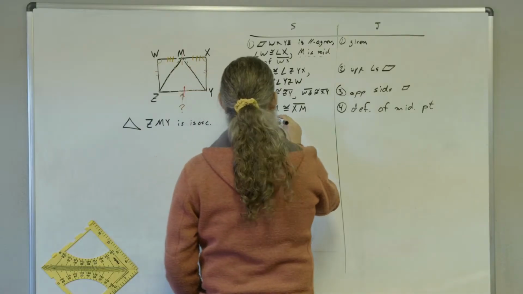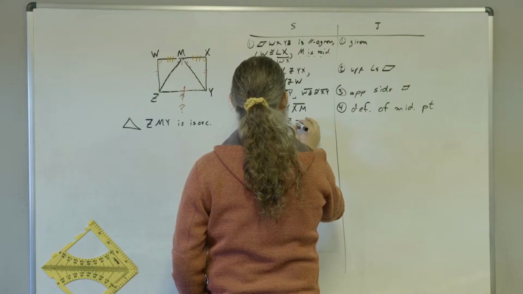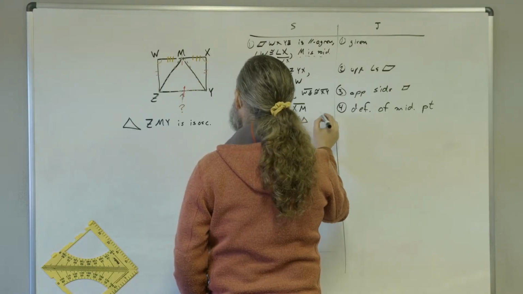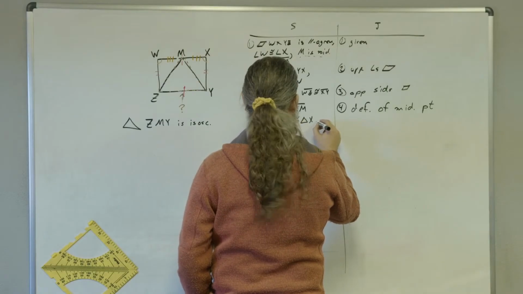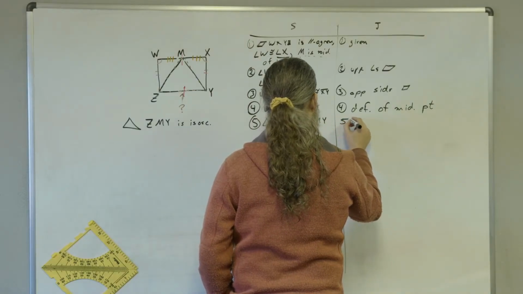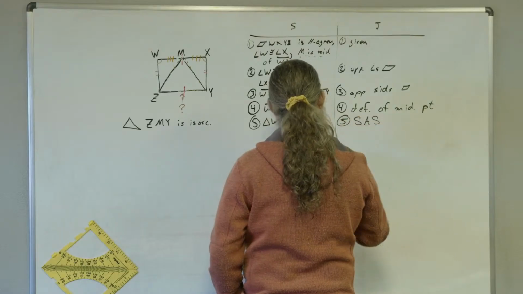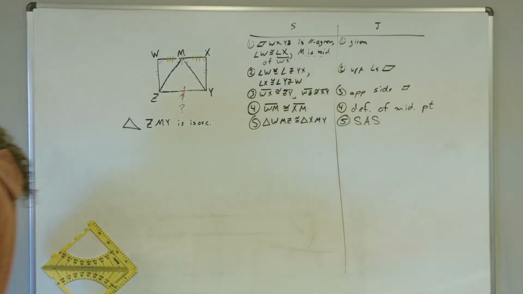Triangle WMZ is congruent to triangle XMY because of side, angle, side. True enough. Easy peasy.